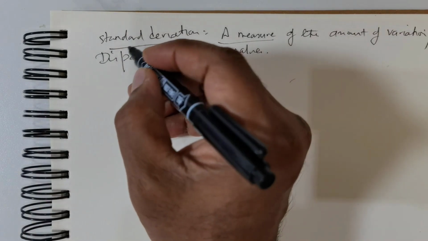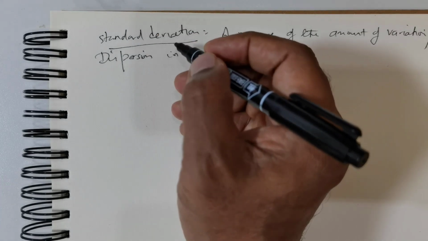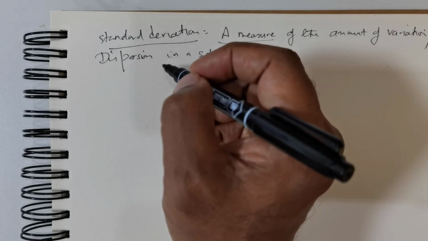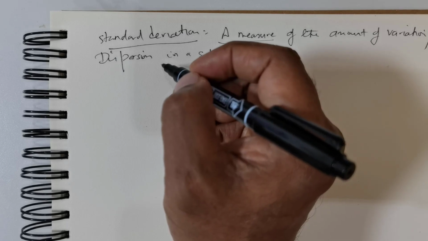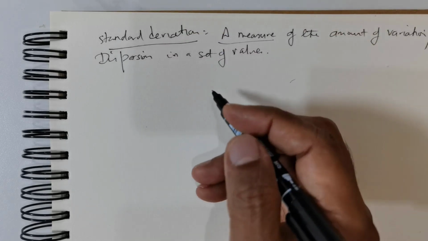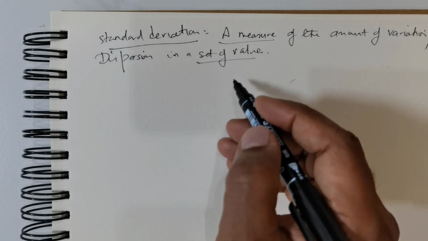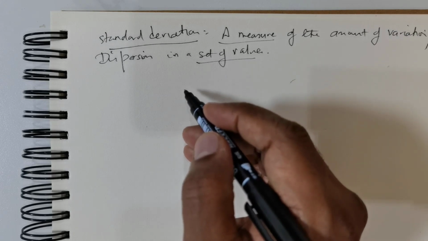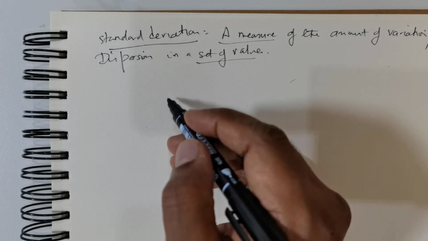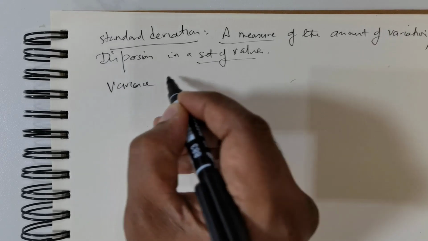Standard means universally, right? Universally there is a quantity that would actually represent the dispersion of each of the values present in the data set. Now this could be better understood only when we do a problem. So problems are important.